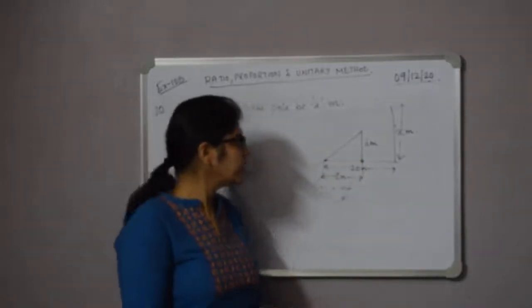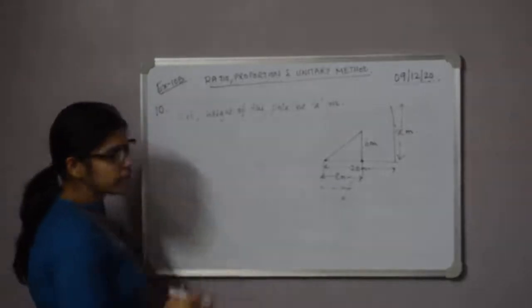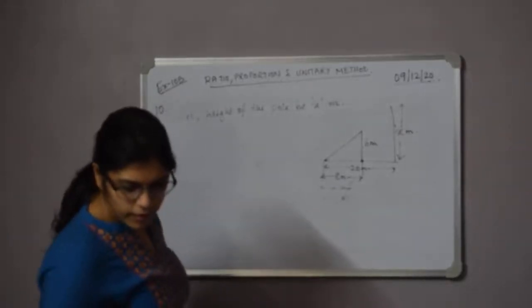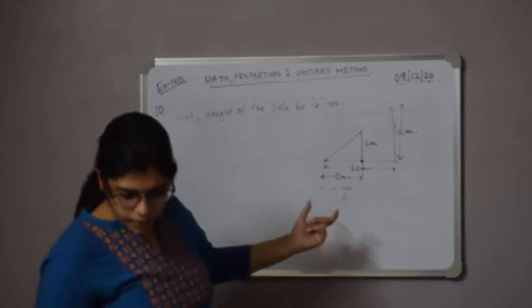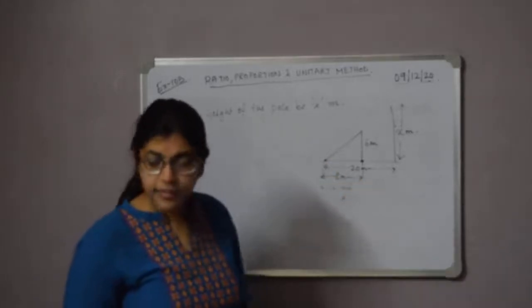Okay, so that means we can say that the height of tree and length of its shadow, right?